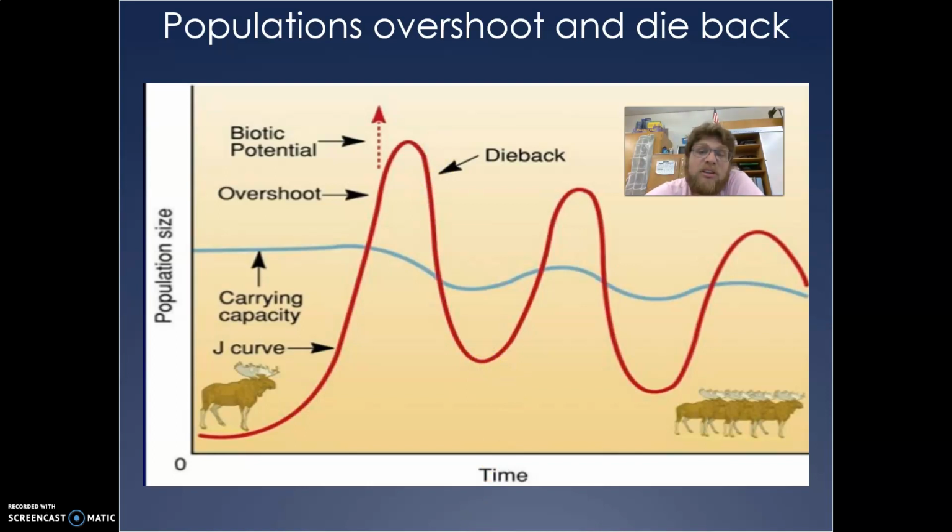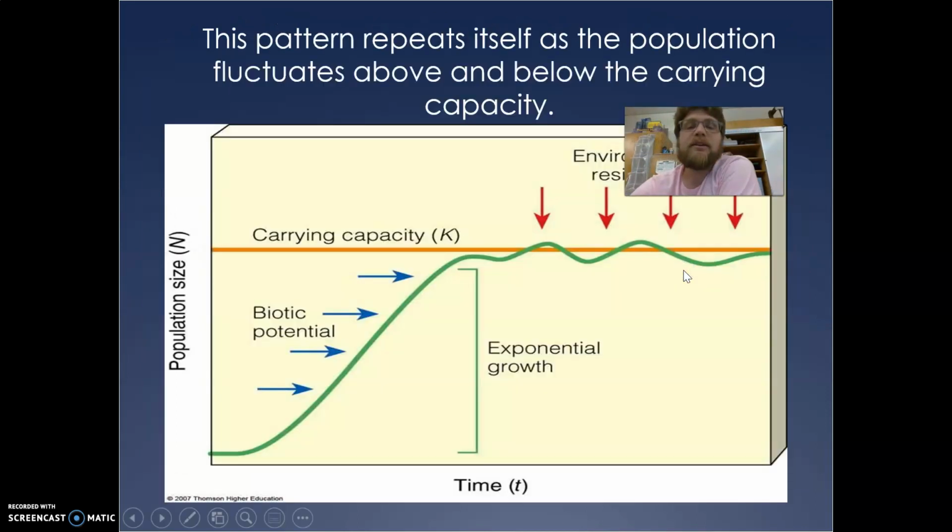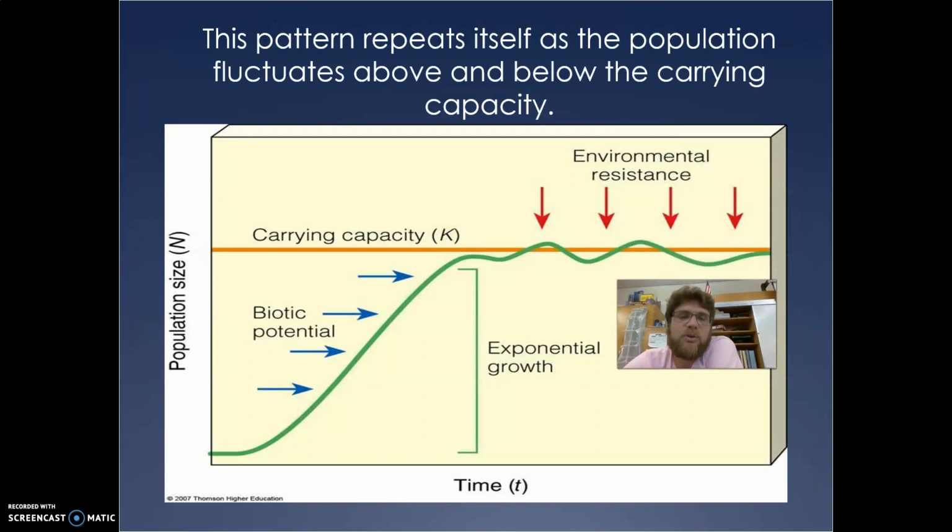Well, now there are more resources that the population can use. So you start having this growth again. And then it shoots back and then dies off. So oftentimes in ecosystems, you get this logistic growth with this flowing wave S pattern, where lag phase goes to exponential growth, and then as it slows, it sort of fluctuates up and down here along that carrying capacity line.